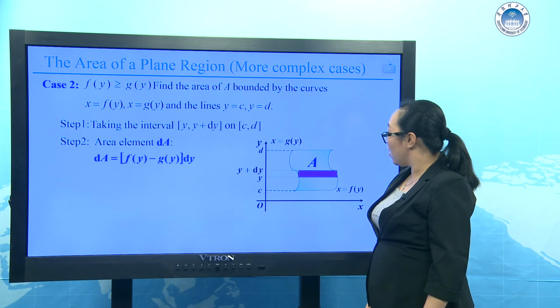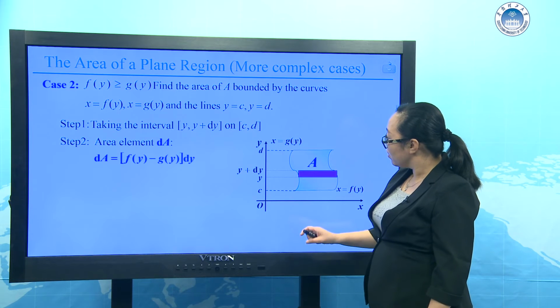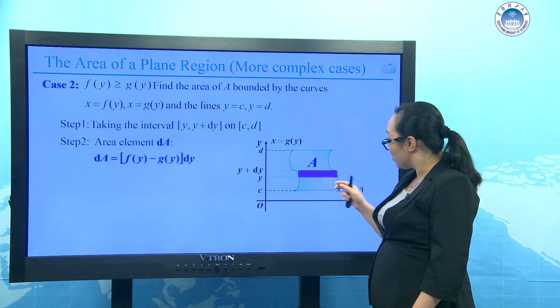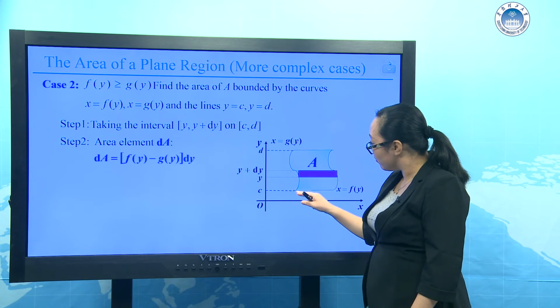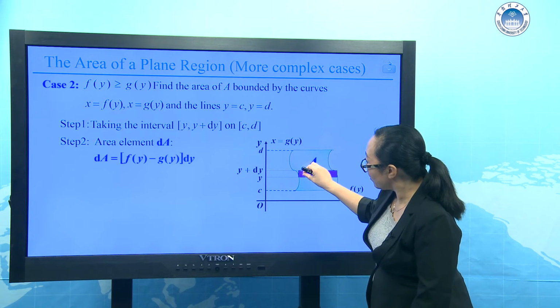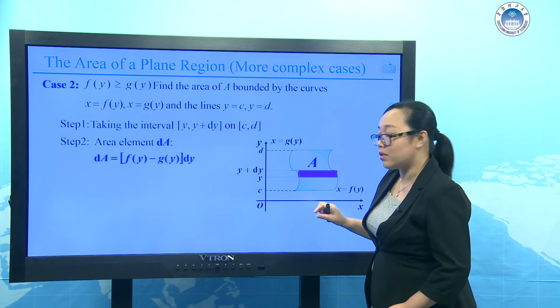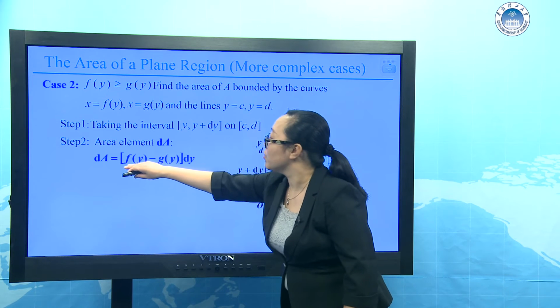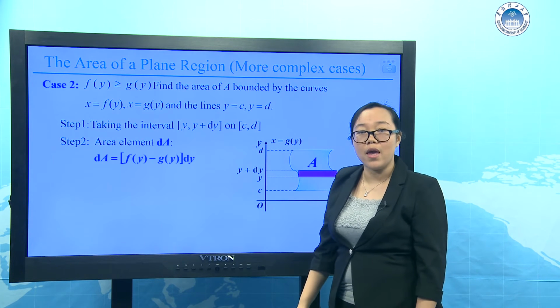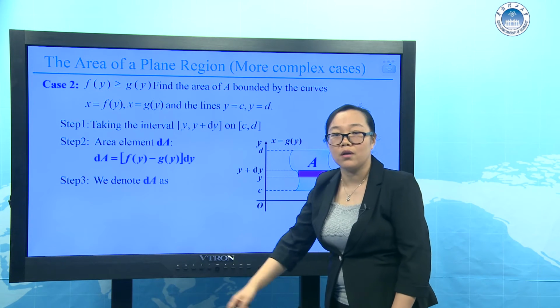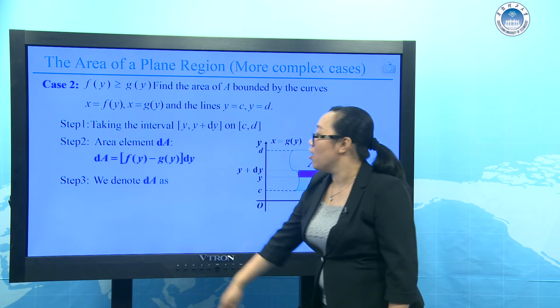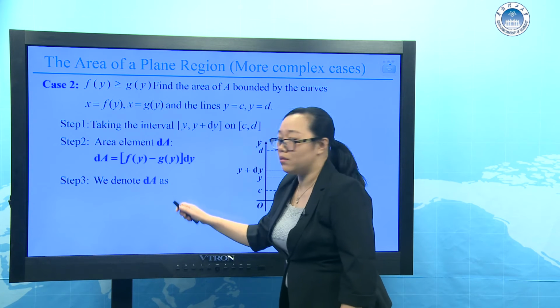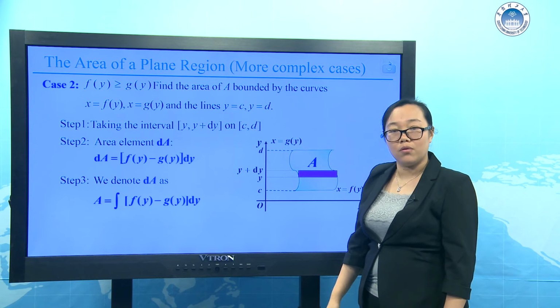The area of the rectangle equals the bottom, f(y) minus g(y), times the height, which at this time is dy. So we get height times bottom, the area of some rectangle.